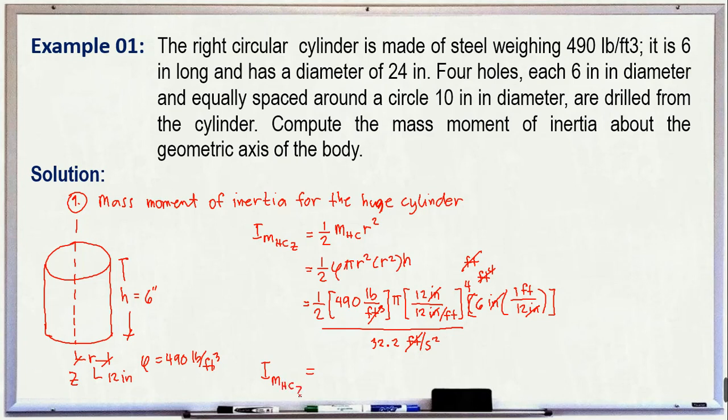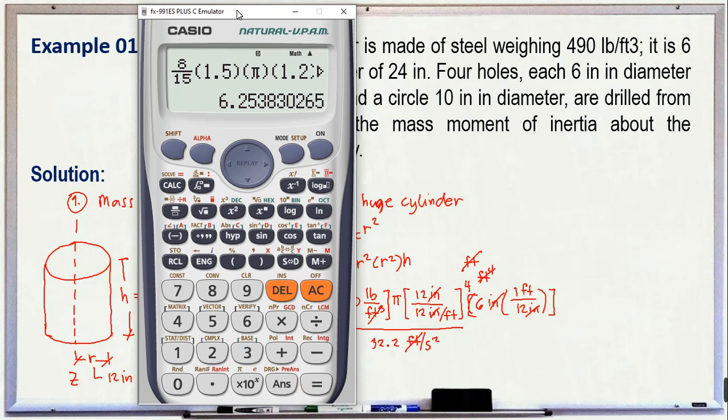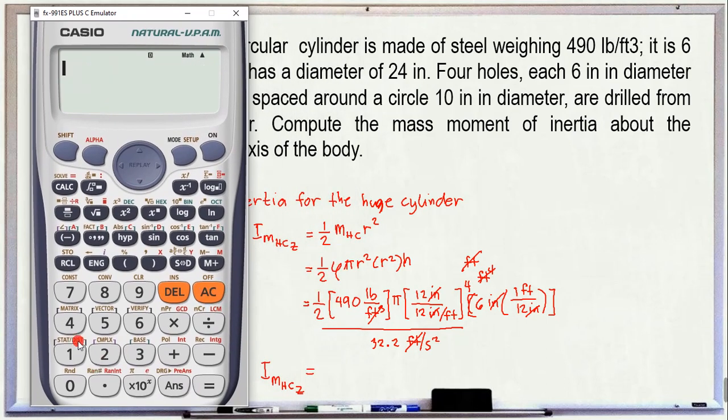So, H C along Z. We're going to use our scientific calculator. So, we have 0.5, the 1/2, times 490. Then, times pi. Then, 12 divided by 12.